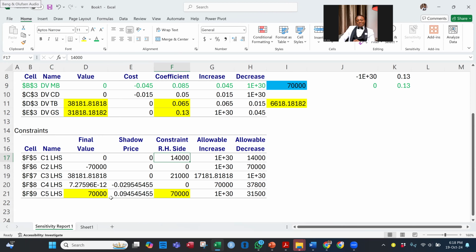Which of these constraints or diversification mixes will give you the most return? Well, the one that will give you the most return is the one with the highest shadow price. So on the basis of that, which one will give you the most return?